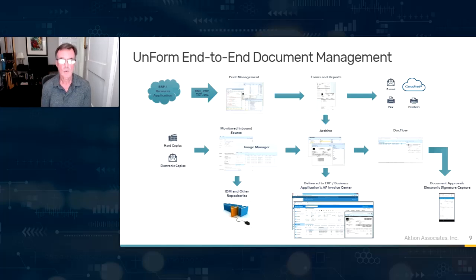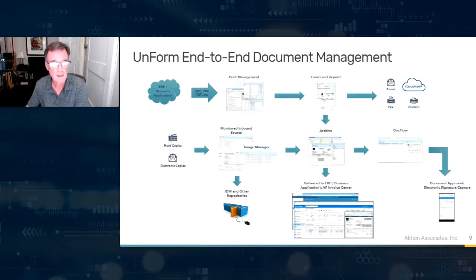And then what we're going to focus on today is some of these applications down here. So Image Manager is the application we use to capture documents. Typically, they're going to be created externally, from other sources, from vendors, from customers, those kinds of things. But it may also be documents that you've generated and added some value to after the fact, maybe customer signatures or notes or things like that.